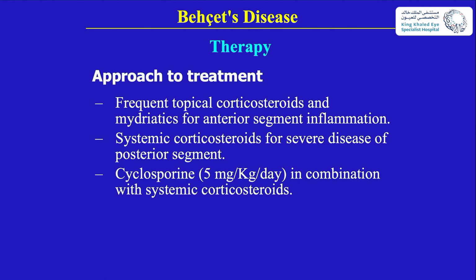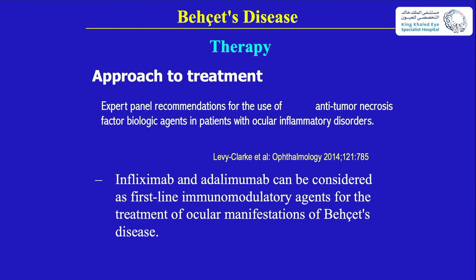So the approach to treatment, of course, for anterior segment inflammation, we use steroids. But I want to come to this: the expert panel recommended the use of anti-tumor necrosis factor alpha in patients with Behcet disease as a first-line treatment.